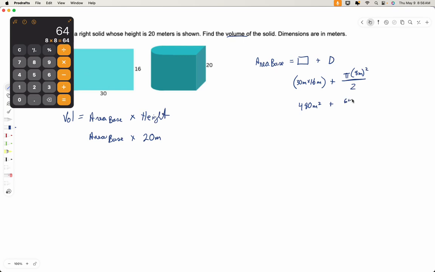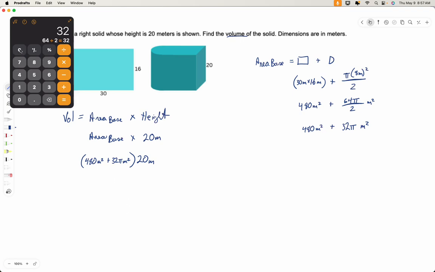So I've got 64 times pi divided by 2, and that's meters squared. 64 divided by 2 is 32. So I've got 480 meters squared plus 32 pi meters squared. This is the area of the base. So I can substitute that in over here: 480 meters squared plus 32 pi meters squared times 20 meters.